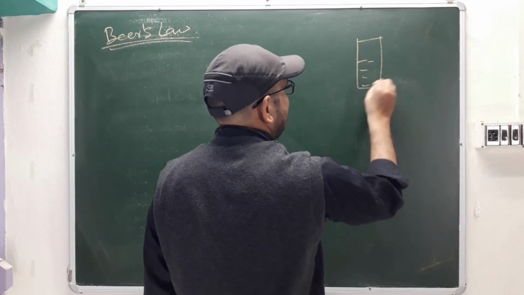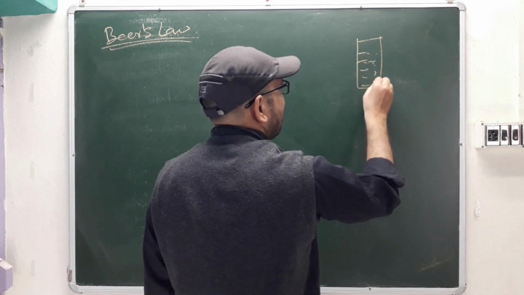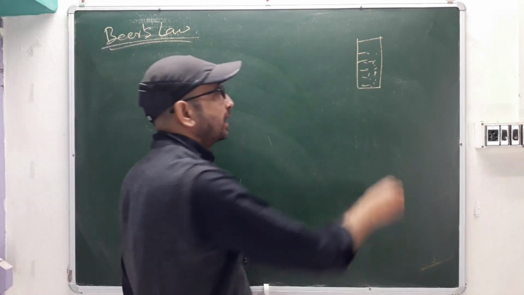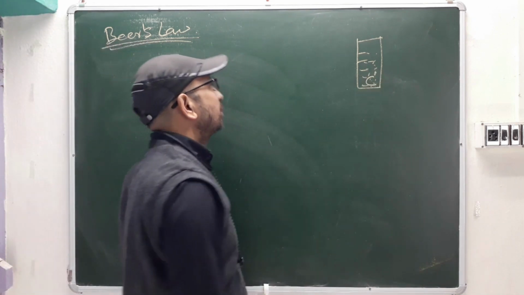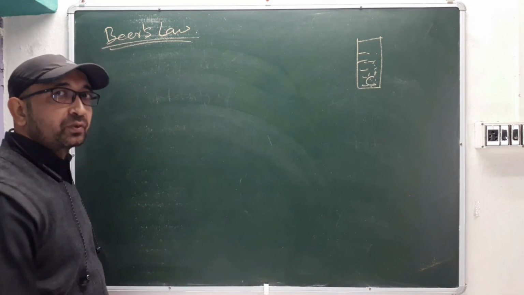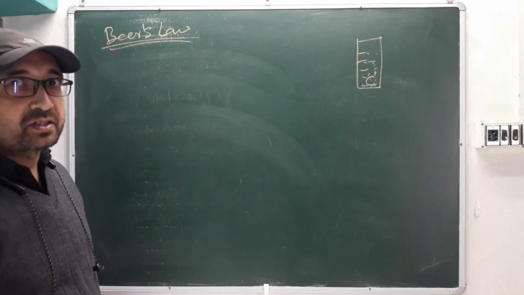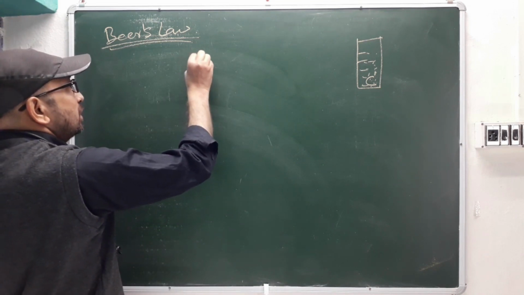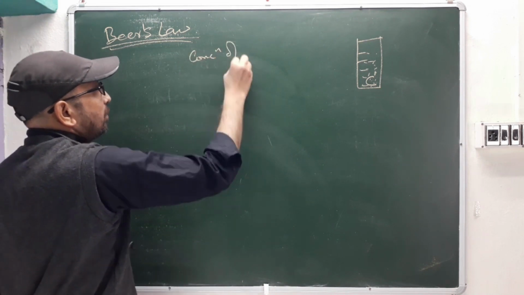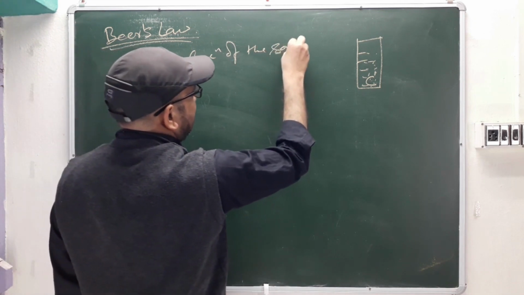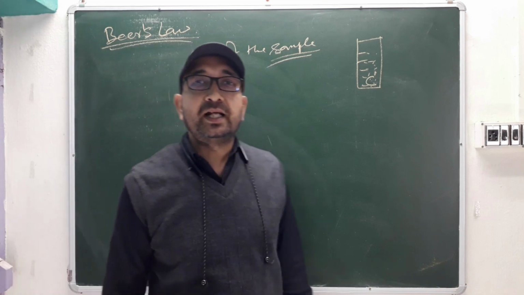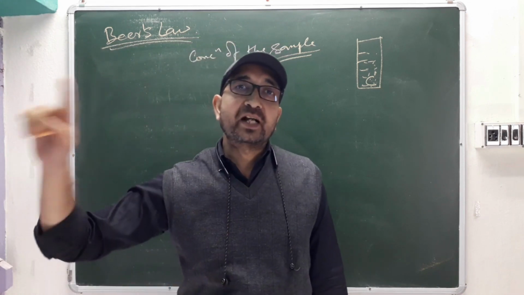Lambert's law was not saying that it depends on concentration, but in Beer's law, everything is the same, only the extra thing is that it is also directly proportional to the concentration of the sample.